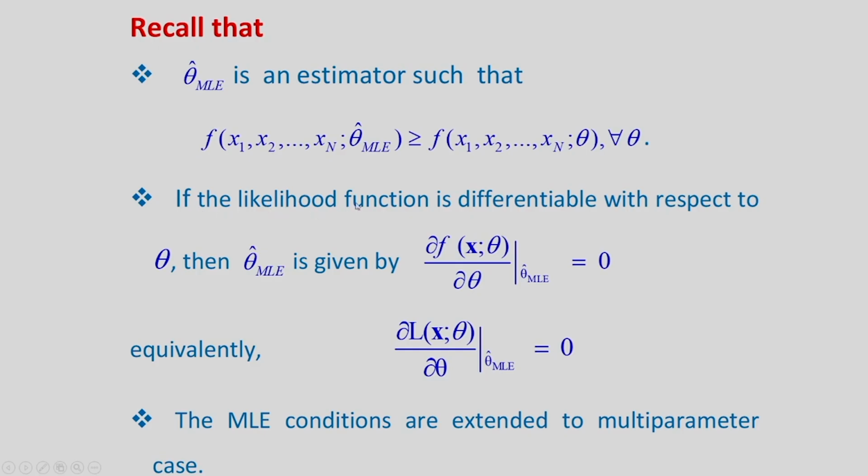If the likelihood function is differentiable with respect to theta, then theta hat MLE is given by del f del theta at theta hat MLE equal to 0. Equivalently, in terms of the log likelihood function, del L del theta at theta hat MLE is equal to 0. These MLE conditions can be extended to multi-parameter cases.